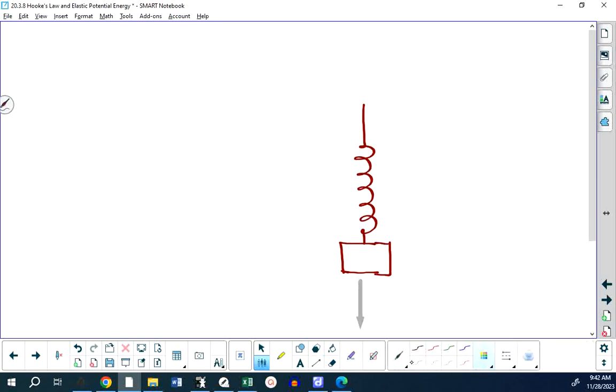There is a force of gravity acting down on the mass, correct? The mass is not experiencing any acceleration, so the forces must be balanced. My question is, what's the force that's balancing that force due to gravity? There has to be something. What is it?